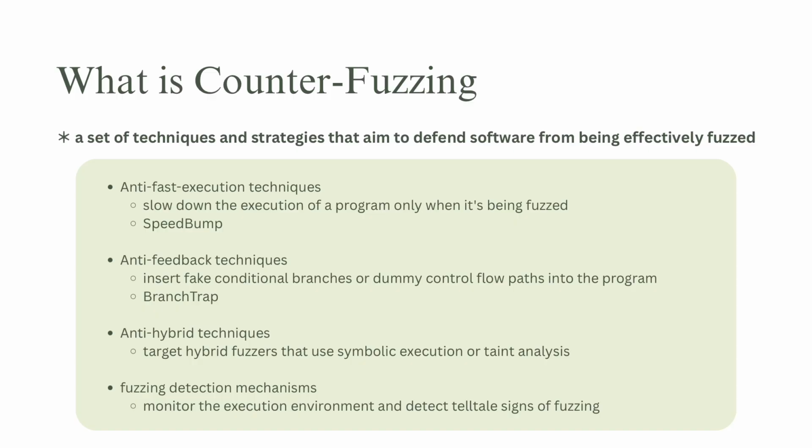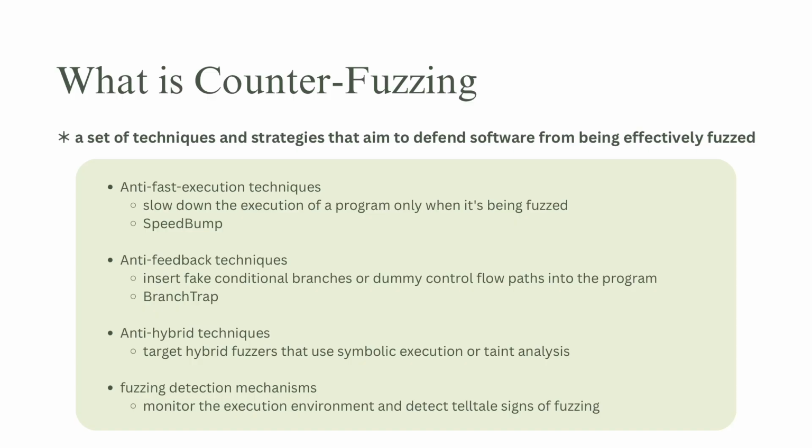We have what's known as anti-fuzz execution techniques. These techniques deliberately slow down the execution of a program only when it's being fuzzed, usually by inserting artificial delay into paths that are frequently reached during fuzzing but rarely in real-world use.